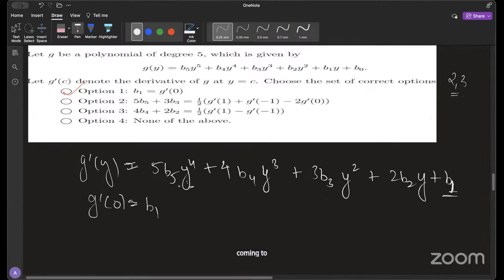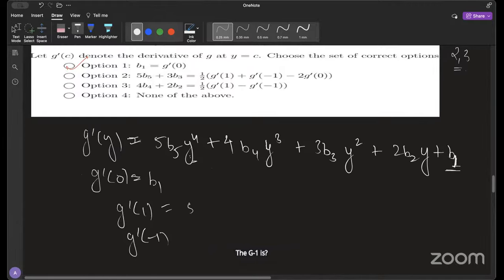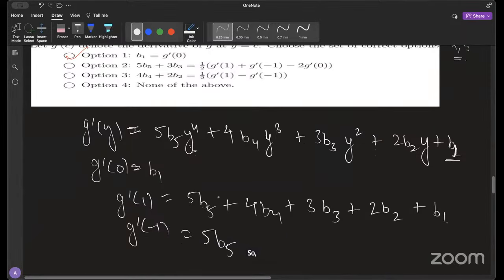Coming to the second one. First thing is g dash 1, and then the other one is g dash minus 1. So g dash 1 is 5b5 plus 4b4 plus 3b3 plus 2b2 plus b1. If you put a negative value here, all the even powers will give you just this, and odd powers will give you a negative.